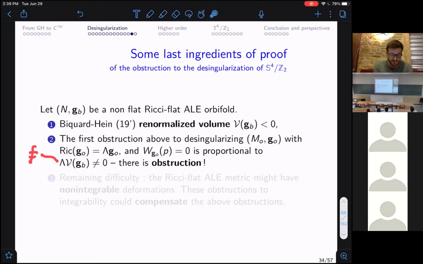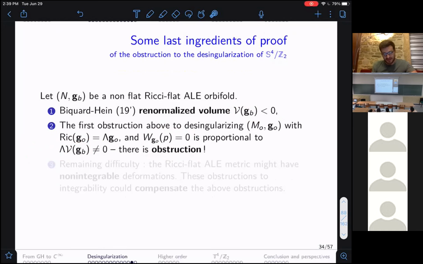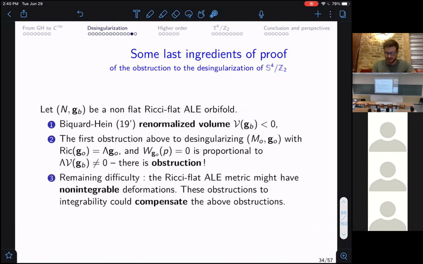And so if this is not zero, and if the volume is also not zero, I mean, it is never zero, sorry, then there is an obstruction. And that means that there is an obstruction to this gluing perturbation. But there is one additional difficulty that is hidden here, which is the fact that the Ricci-flat ALE metric might have non-integrable deformations. So these obstructions to the integrability could compensate these obstructions to the desingularization.